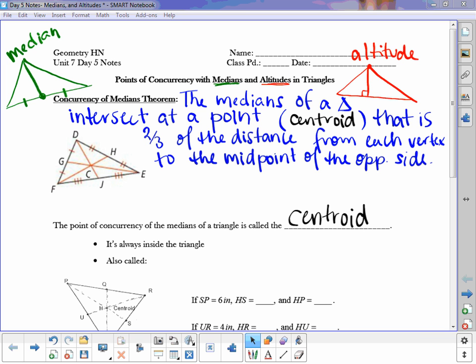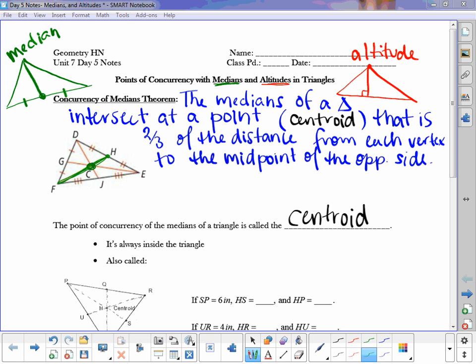So let's take a look at what that means. We'll just stick with median FH. I can see that FH is the median because it's been cut in half there. It goes from the vertex to the midpoint. So FH is my entire median. What this theorem is telling me is that the centroid, where is my centroid in my picture?